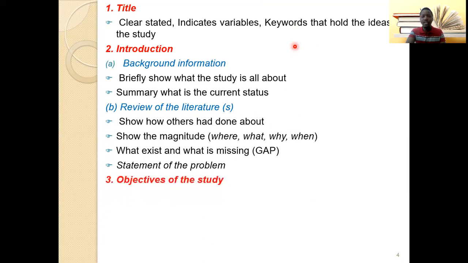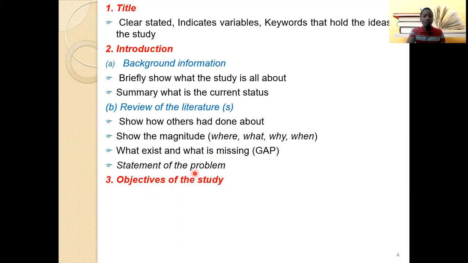Then after the introduction, you come up with the objectives. From the introduction, you identify what is missing. From what is missing, you come up with several objectives, from which you will deal with or come up with findings related to these objectives.